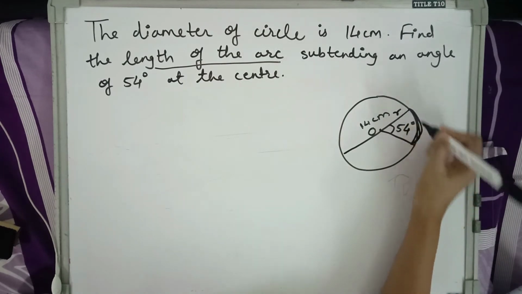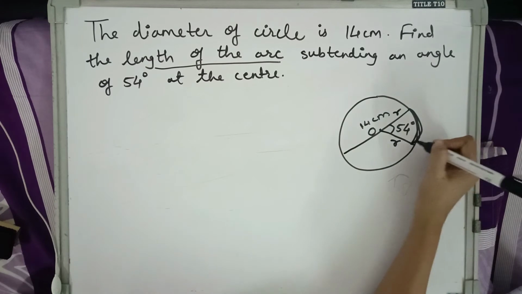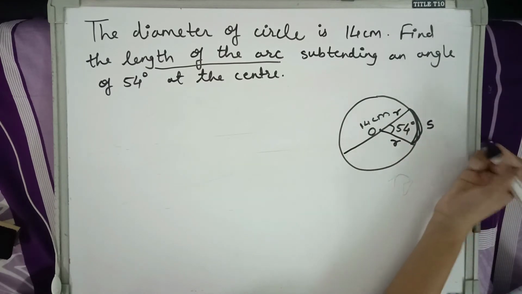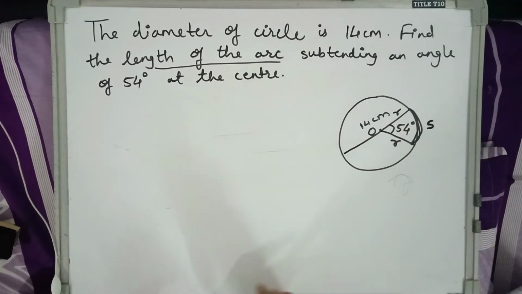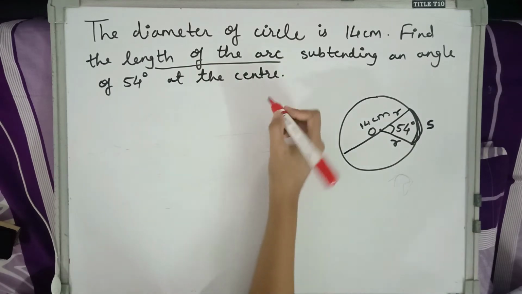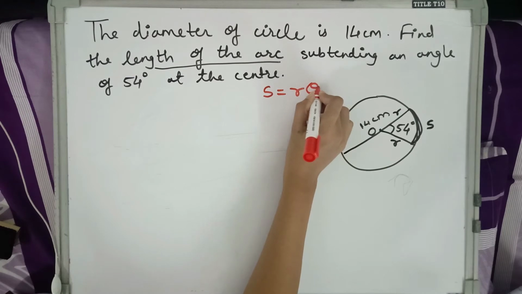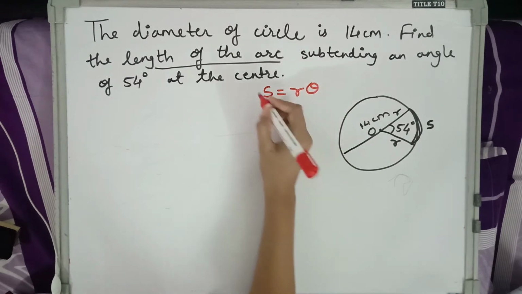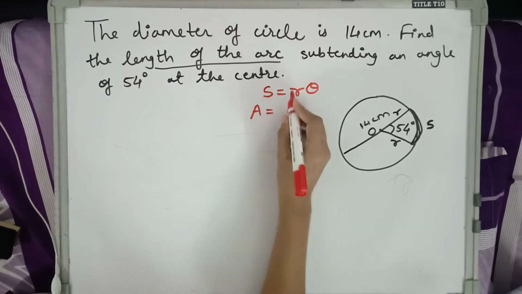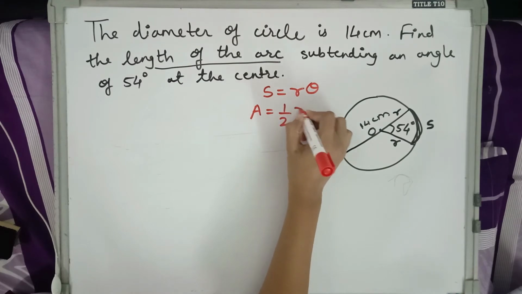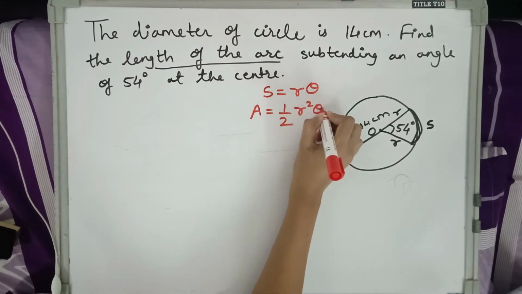Now this is R, this is also R. The arc length is S. Now we have two formulas. S is equal to R theta for finding the arc length, and area of sector is equal to 1/2 R square theta.